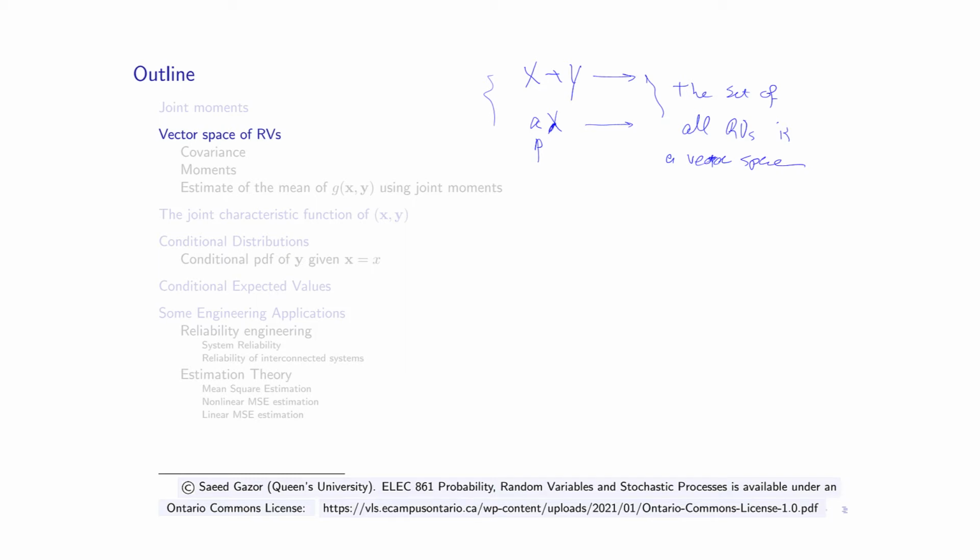What is more important in this video is that we will put a measurement tool on this space, which allows us to do geometrical calculations. If you view a random variable as a vector, this is your first random variable.